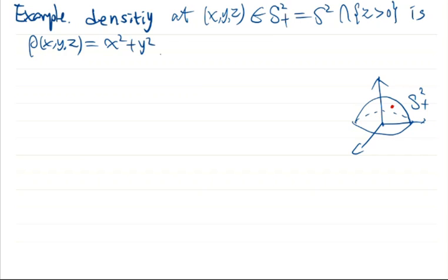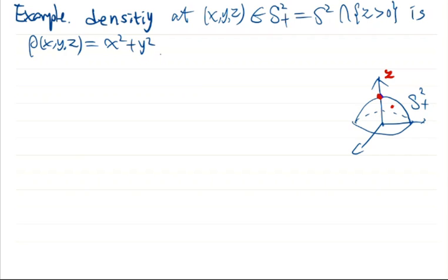What does this mean? This means the higher the point is, the lighter, the smaller the density. At the point on the z-axis, the density is 0.